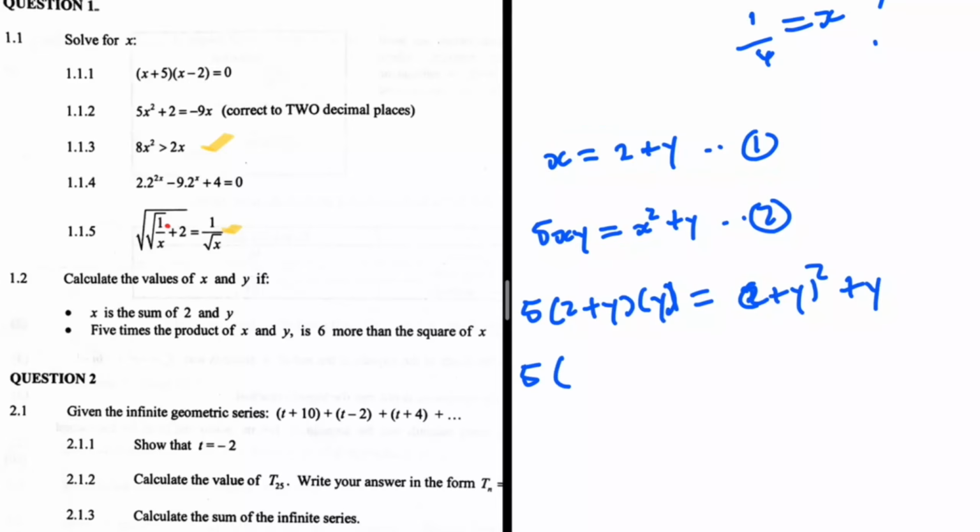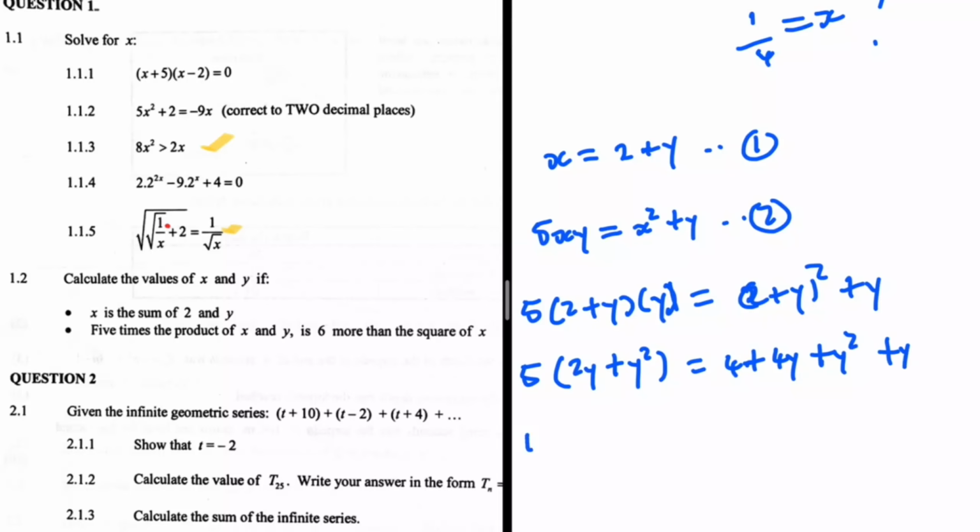So we have 5, 2 multiplied by y, that is 2y, and then y multiplied by y, that is y squared. This is equal to 2 multiplied by 2 is 4, 2 multiplied by y is 2y, you multiply that by 2, you get 4y, plus y squared plus y.